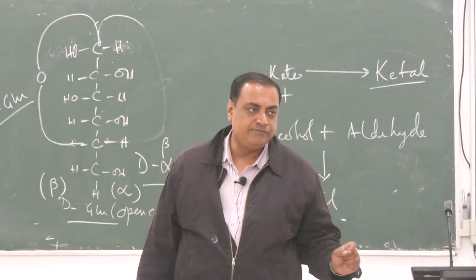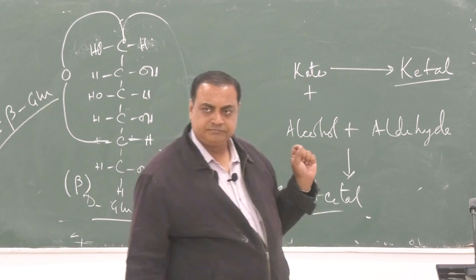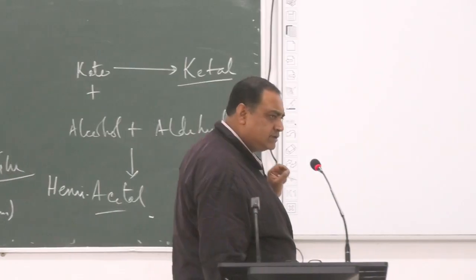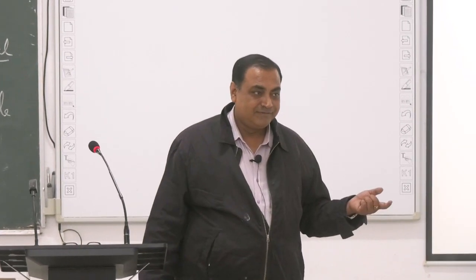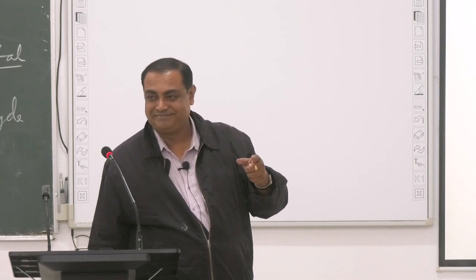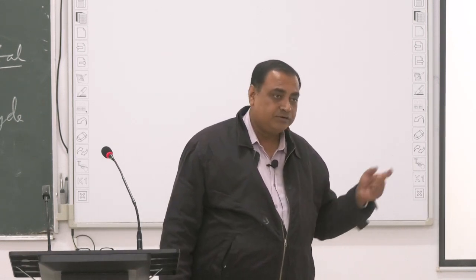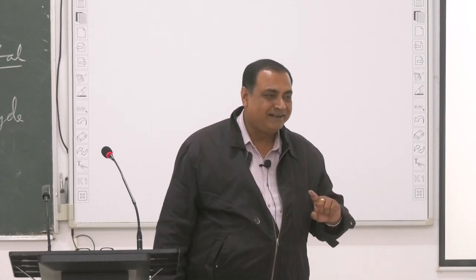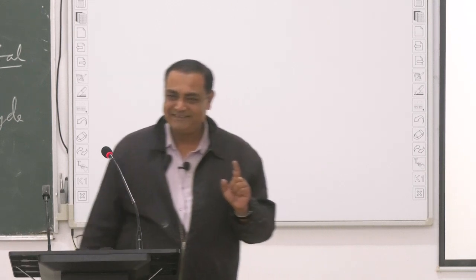Epimers at C4. Just remember this, never forget. The glucose and galactose are epimers at C4. This is an enzyme, epimerase, which can convert glucose to galactose in our body. Right? Glucose and mannose. There is no enzyme which can convert glucose to mannose in our body. Right?